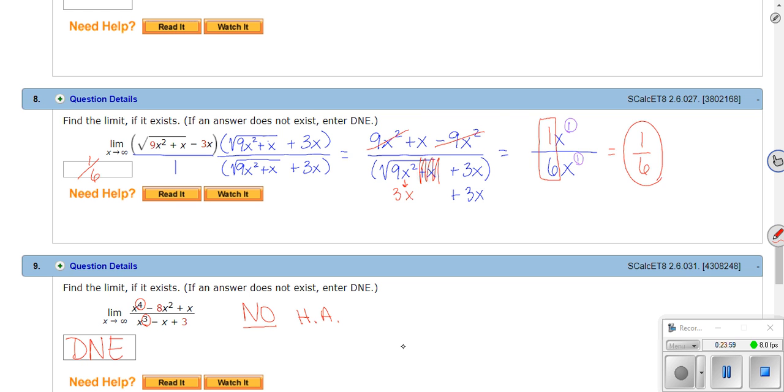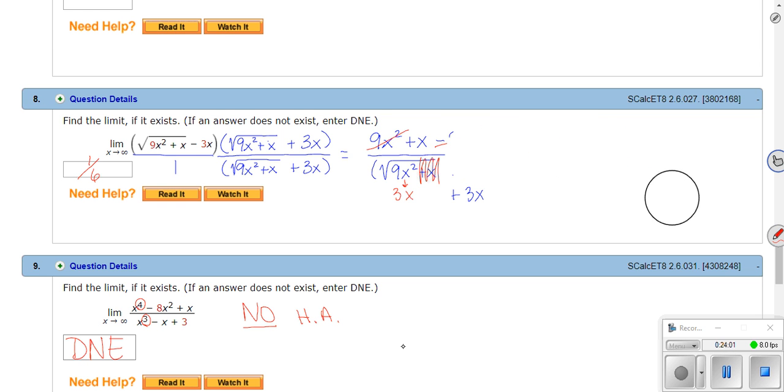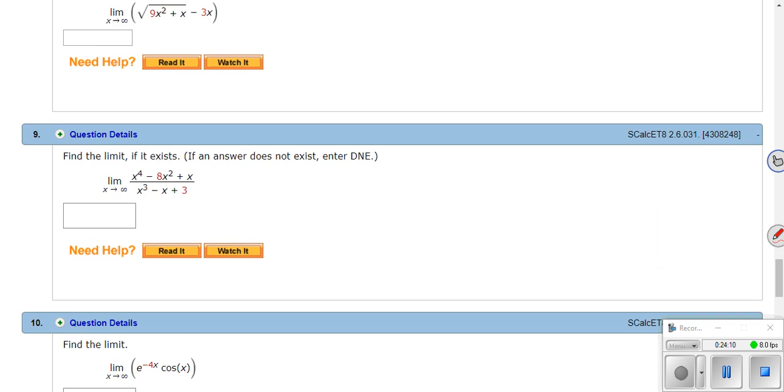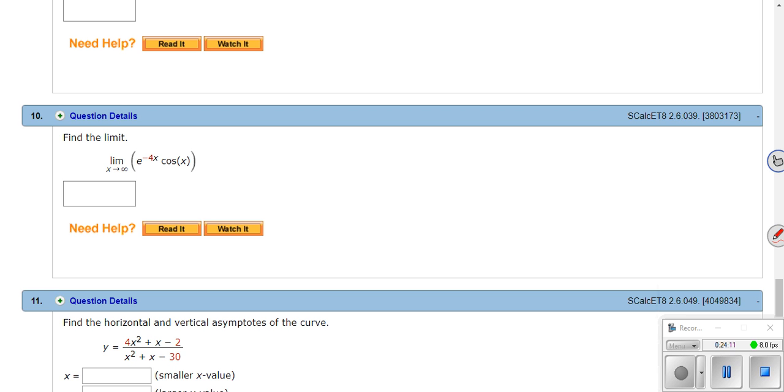Okay, almost done. Number 10. Now, number 10, I'm going to kind of refer back to the squeeze theorem. So hang with me a little bit.